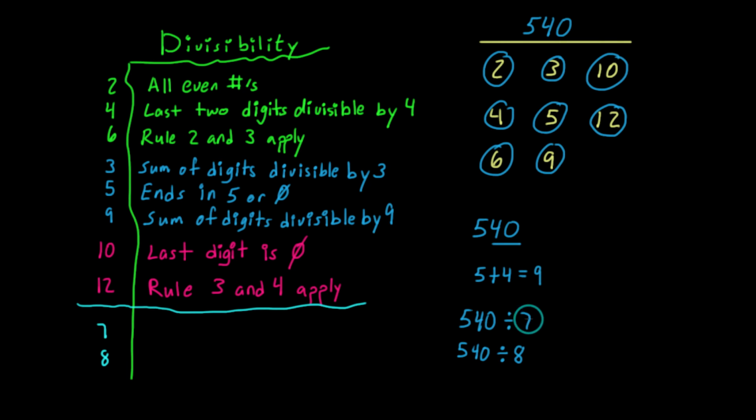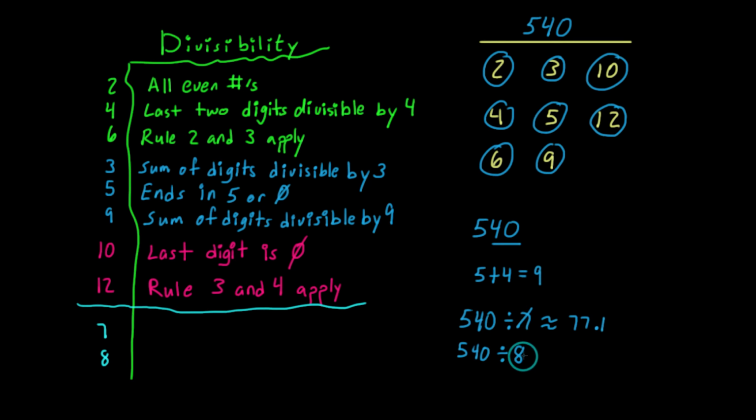Well, 540 divided by 7 is approximately 77.1. Since I have a remainder, 540 is not divisible by 7.